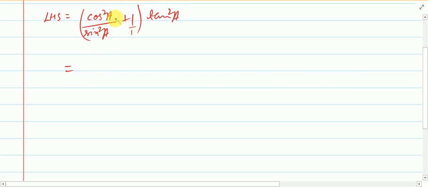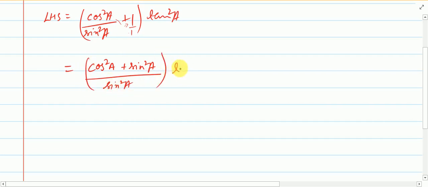This 1 will multiply to this sin square will multiply to this, and down we'll have sin square into a. Okay, so we get cos square a plus sin square a upon sin square a, put this in bracket, tan square a.